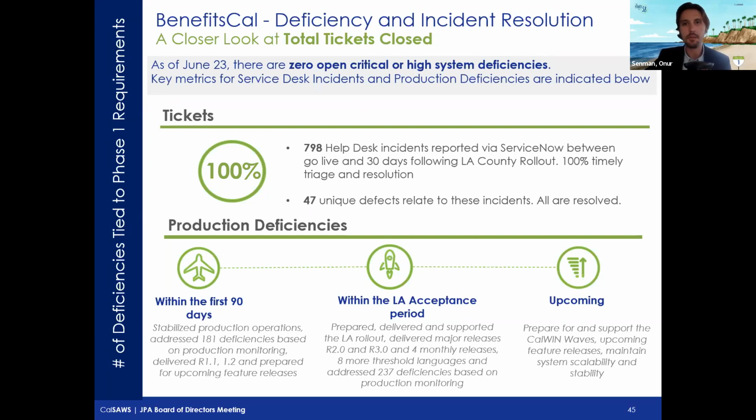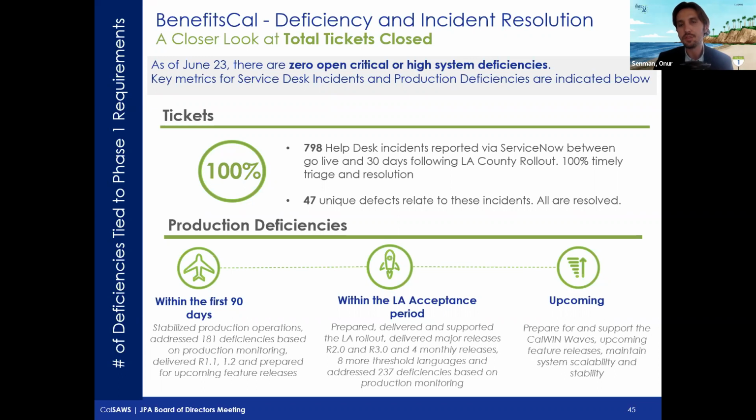And in addition, following the first 90 days of the rollout, we worked in close collaboration with consortium leadership, counties, and the project holistically for the LA County go live. After our successful go live at the end of April, we also deployed 8 additional threshold languages and other system improvements during that release 3 timeline.